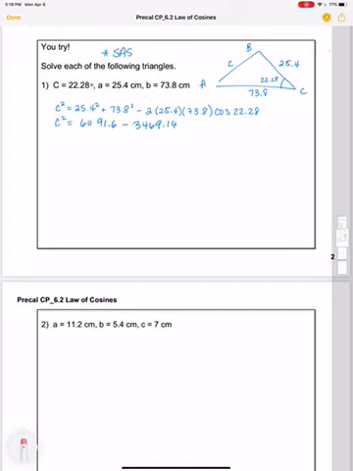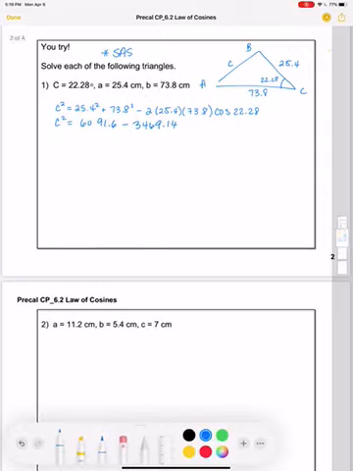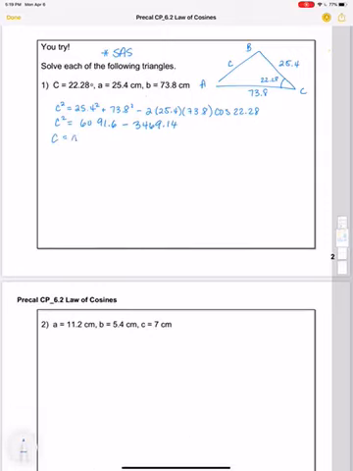So then C equals the square root of 2622.455. So the square root of that number is 51.2. So C is approximately 51.2.